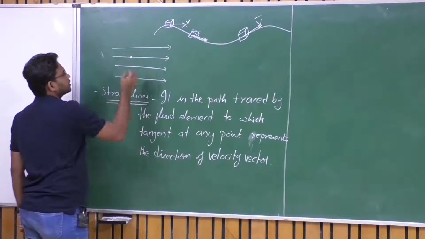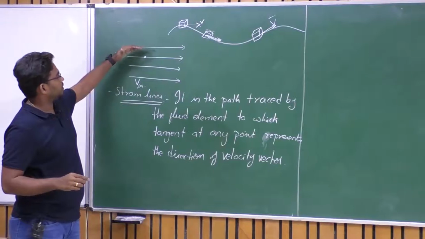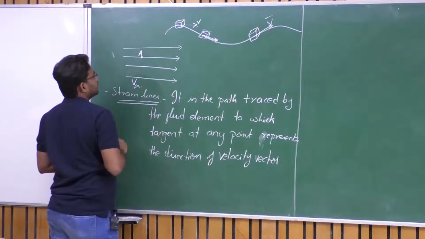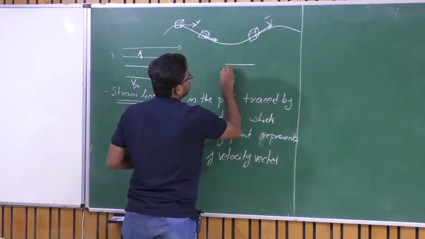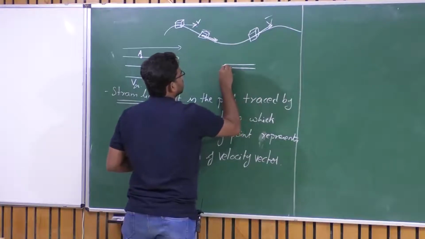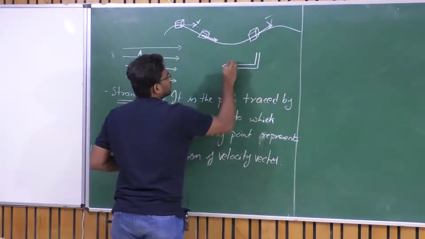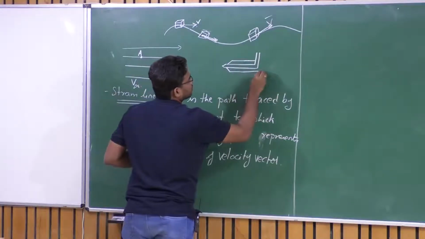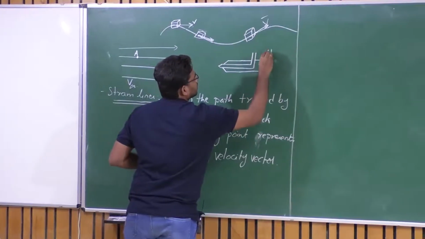In our previous class, to find out velocity, we considered a steady streamline flow, and let A be the point in the free stream which is far ahead of this particular sensor, right? This measuring unit we call a pitot tube, and there is a static tube around this pitot tube from which we measure the static pressure.